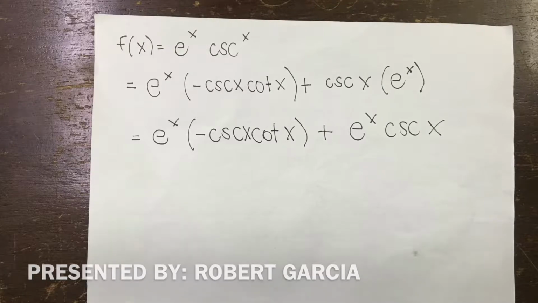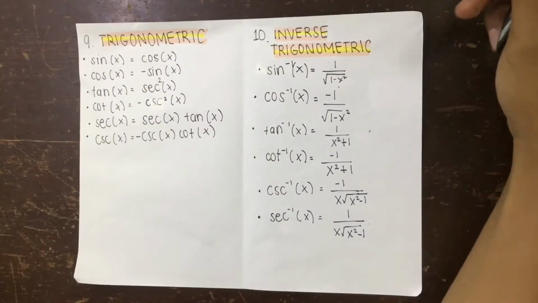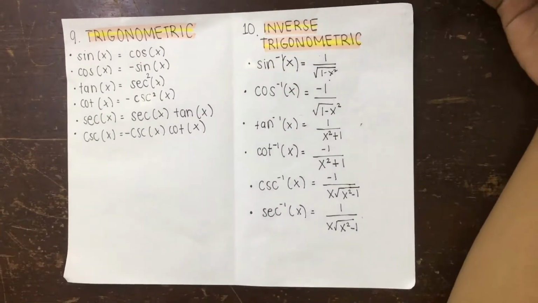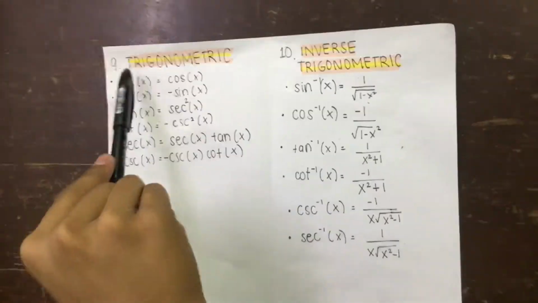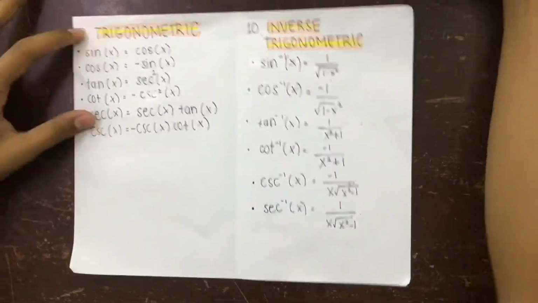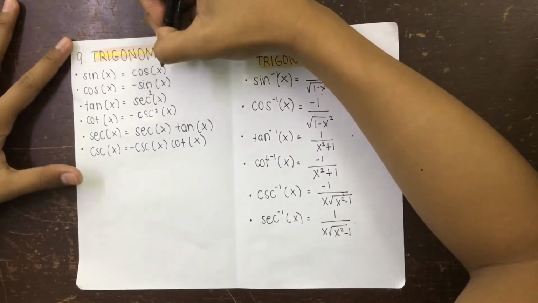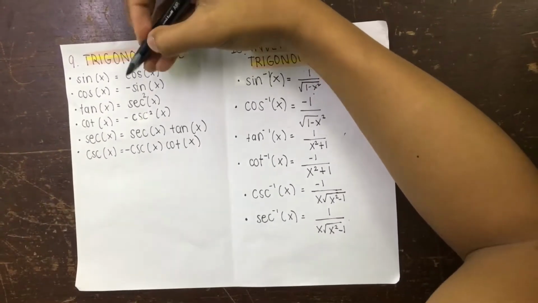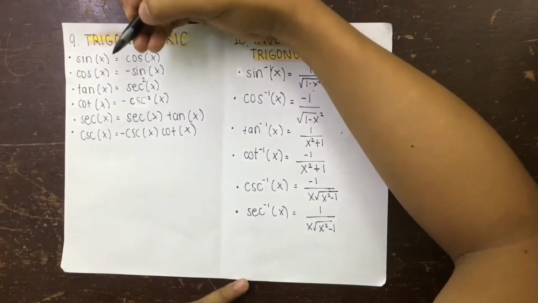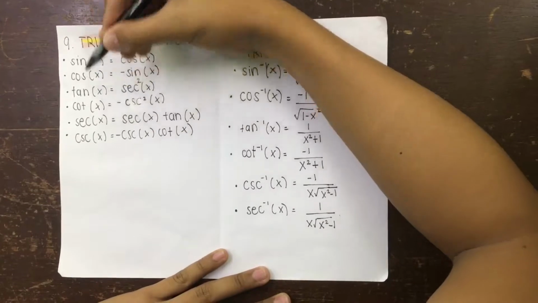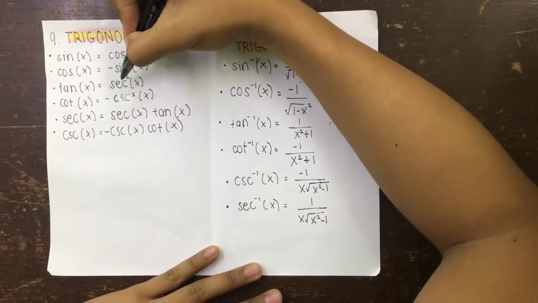So now we're going to discuss the next two rules of derivatives. So, the trigonometric rule. If you have a function sine of x, then its derivative is equal to cosine of x. Then, the derivative of cosine x is equal to negative sine x. The derivative of tangent x is equal to secant squared x.